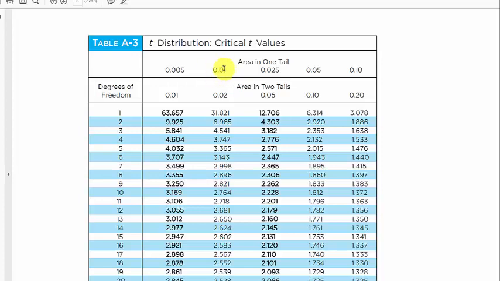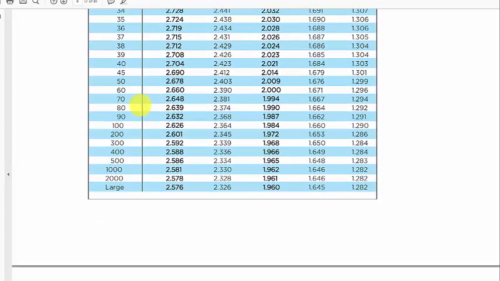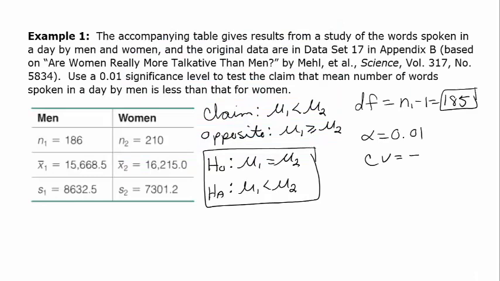So we want to use the second column in the t-table, and we had 185 for our degrees of freedom. In the table, we have degrees of freedom for 100 and 200, and so we'll use 200 because that's closest to 185. That gives us the critical value 2.345. And again, it's negative because we have a left-tailed test.